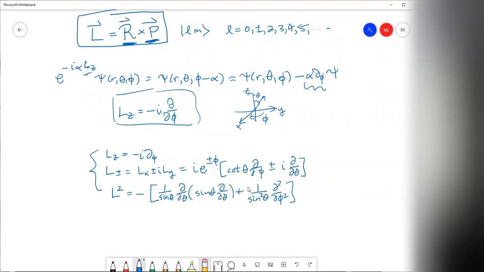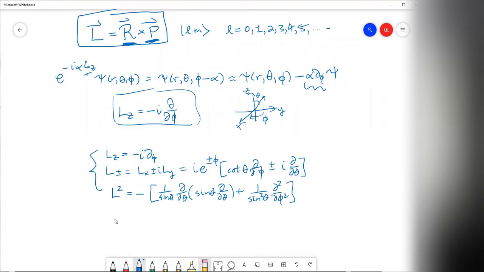That gives you the angular part of the Laplacian in spherical coordinates. This will be important because a lot of our Hamiltonians have this operator in them. For any spherically symmetric Hamiltonian, there's a Laplacian in it, and the angular part of it will be L squared. We'll see that later.